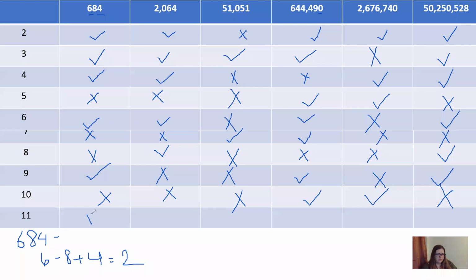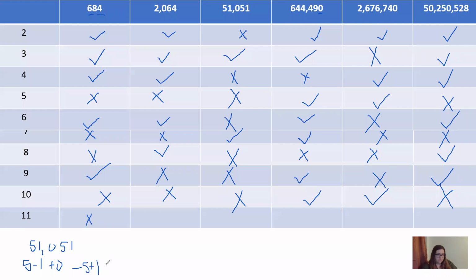So let's try another one. Let's try this one. 51,051. 5 minus 1 plus 0 minus 5 plus 1.